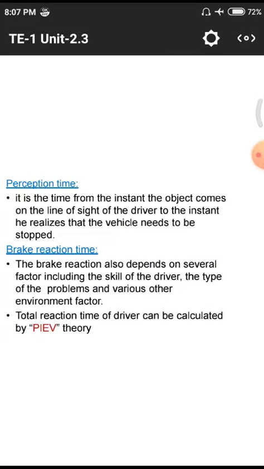What is the perception time? It is the time from the instant the object comes into the line of sight of the driver. That means our vehicle is going on a line, another vehicle is going on that same line and suddenly stops.